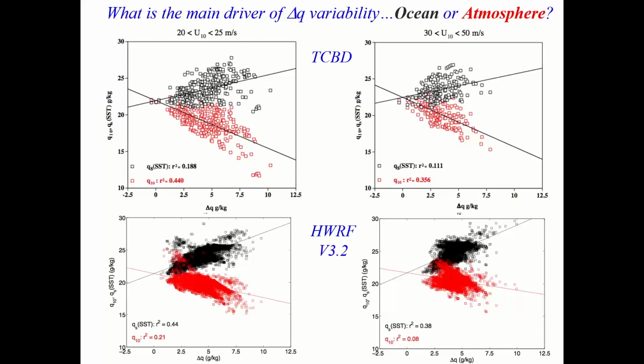But if you look down below at the equivalent for HWRF, it's almost exactly opposite. Here the contribution from the ocean is roughly the same as the contribution from the air with the buoy data.